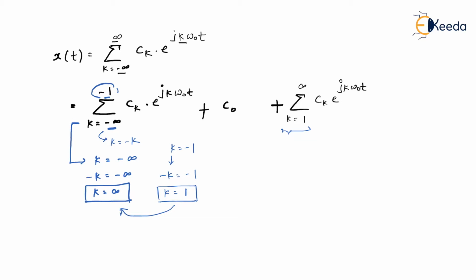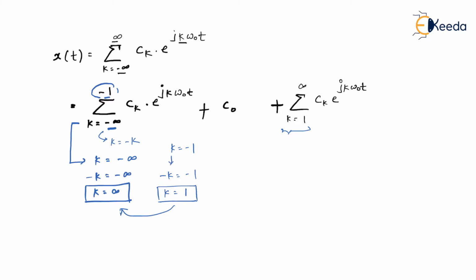Now I'm going to rewrite everything as it is, only changing the value of k from 1 to infinity. So now I can write my x of t as summation k equal to 1 to infinity ck e to the power... now instead of ck, I am supposed to write c minus k.